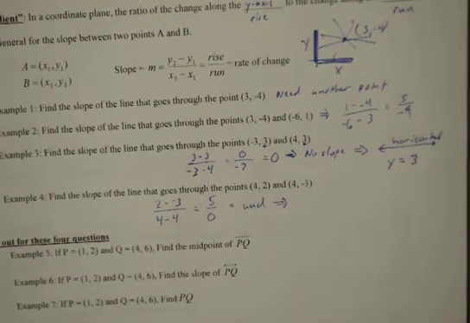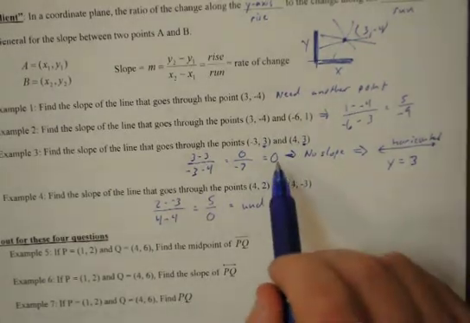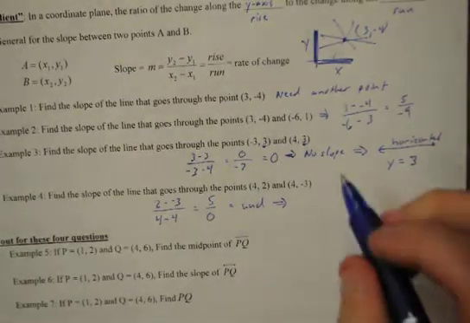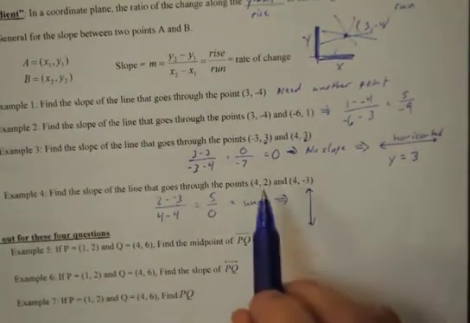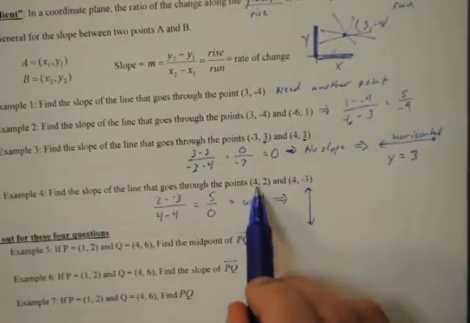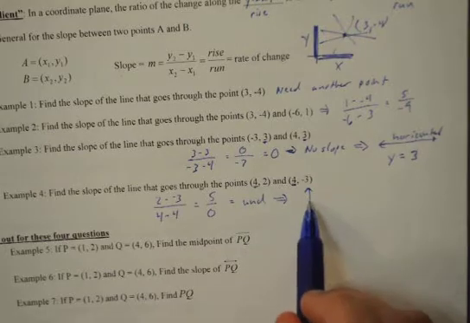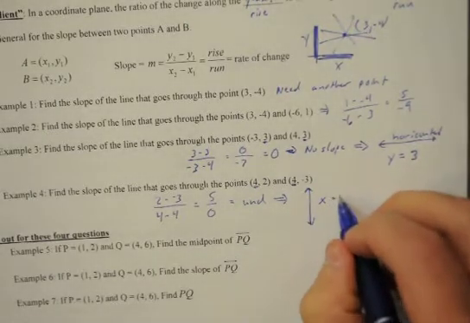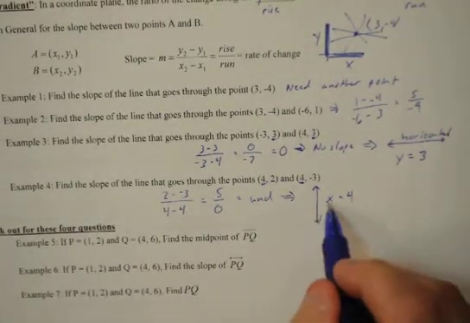What kind of line has an undefined slope? 0 is horizontal, undefined is vertical. And notice that in this coordinate, the x value is 4. In this coordinate, the x value is 4. Any point on this vertical line will have x equals 4.